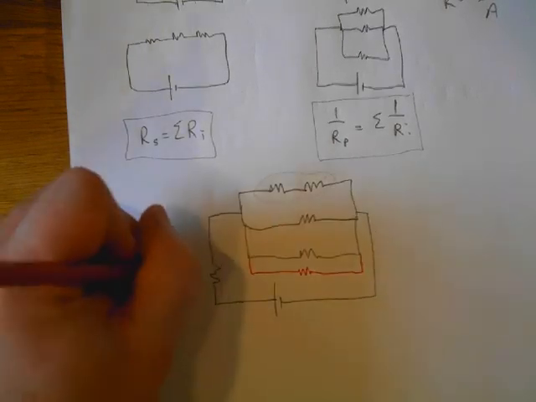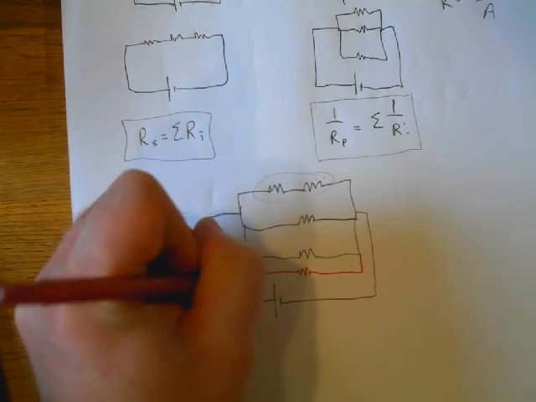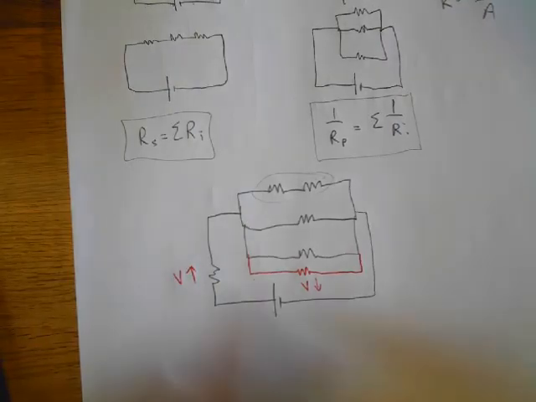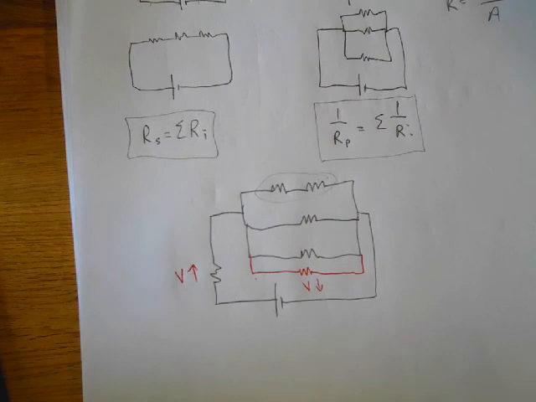Why? Because when I add a resistor in parallel, the total resistance is going down, which means my total current is going up, which means the voltage for this one is going up, which means my voltage from here to here would have to go down. So again, don't memorize things. Make sure you understand it.